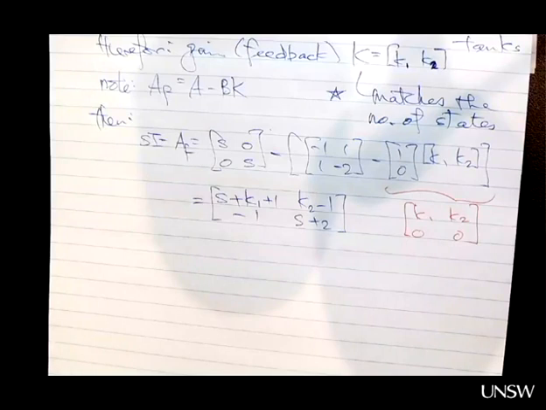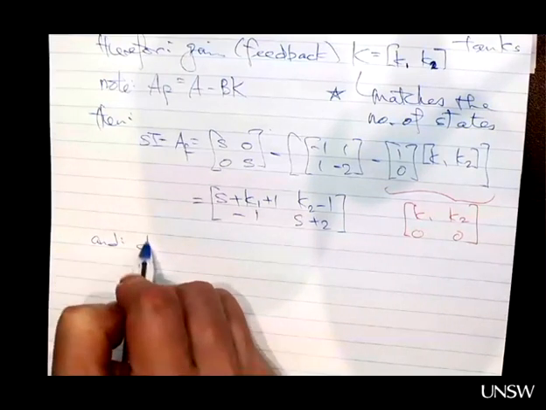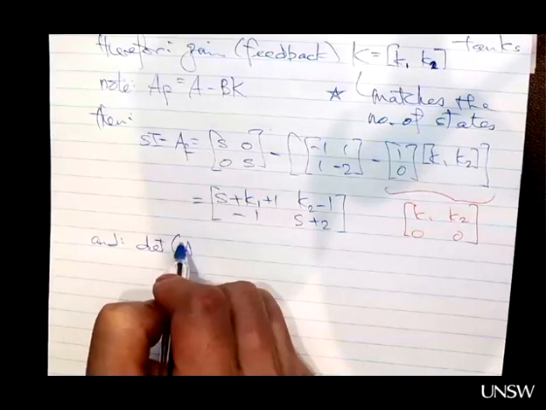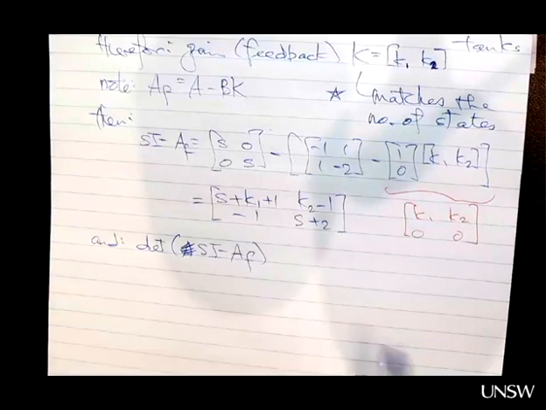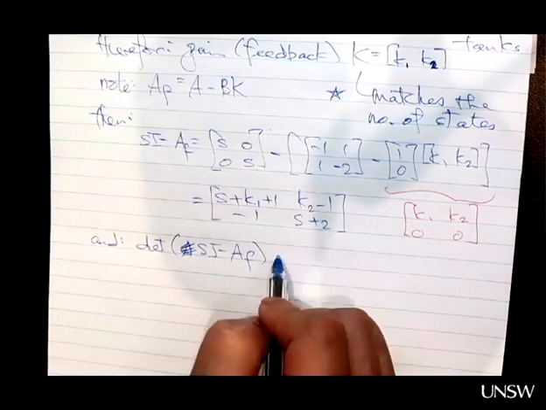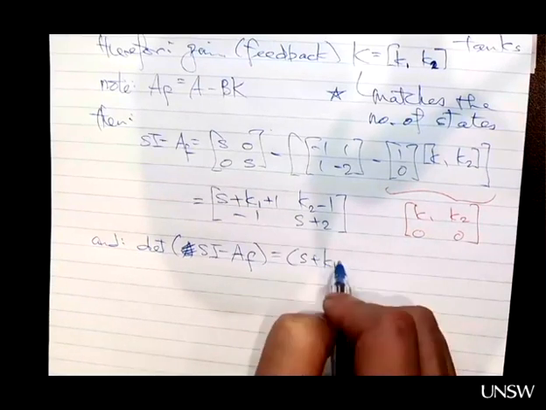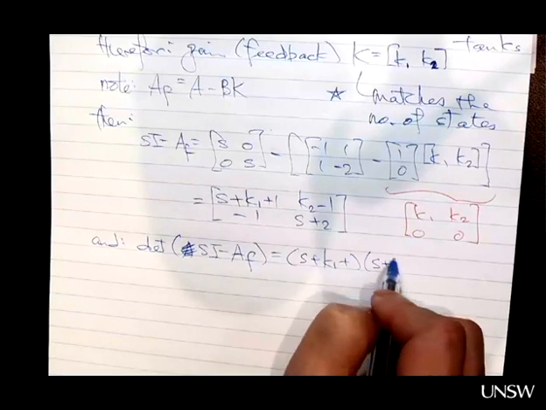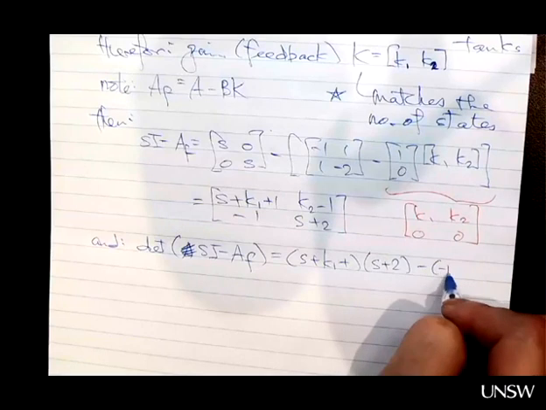And the determinant is the determinant of Si minus A of feedback. So it is S plus K1 plus 1, and then S plus 2, and then minus 1 times K2 minus 1.